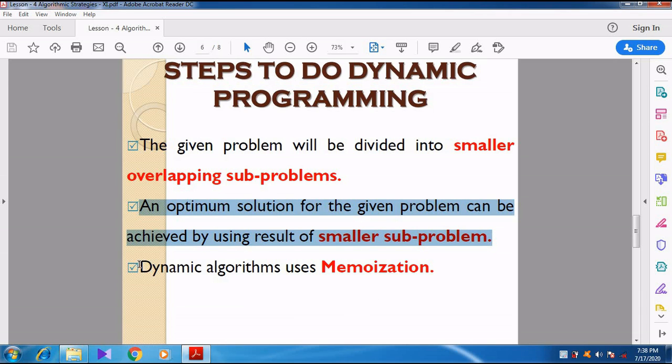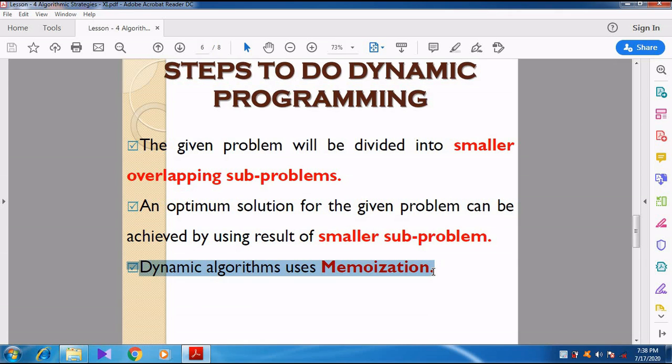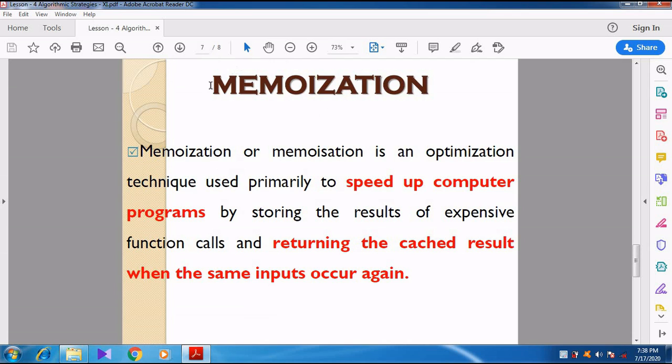Then another thing is that dynamic programming uses another technique called memoization. This particular technique is implemented in dynamic programming, right? Let's see what is meant by memoization. It's a very important question, a 2 mark question.